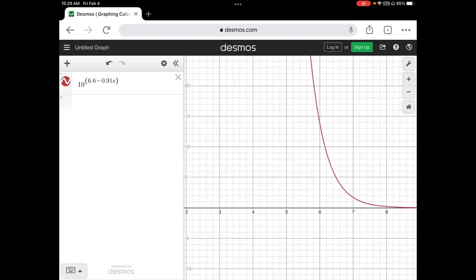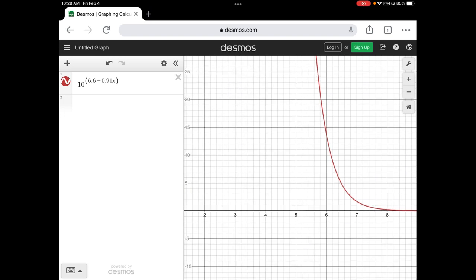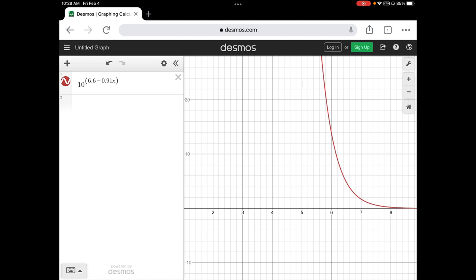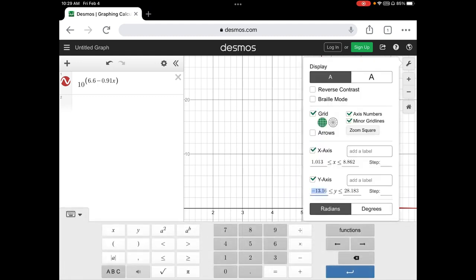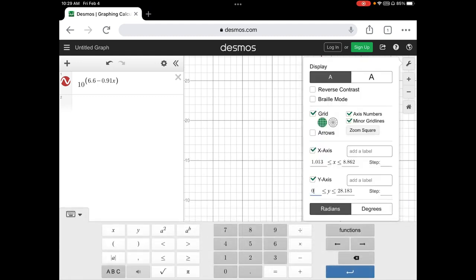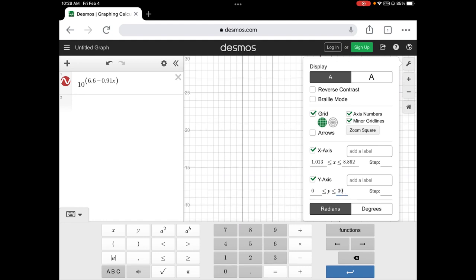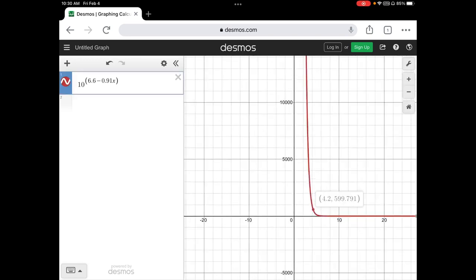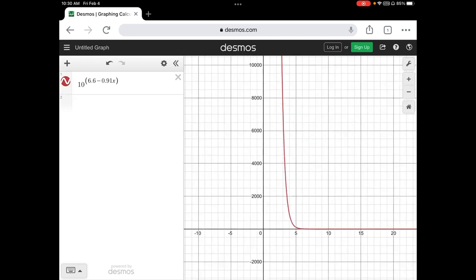For the y values, we take from 0 to 3000. Then we can see the graph is somewhere like this.